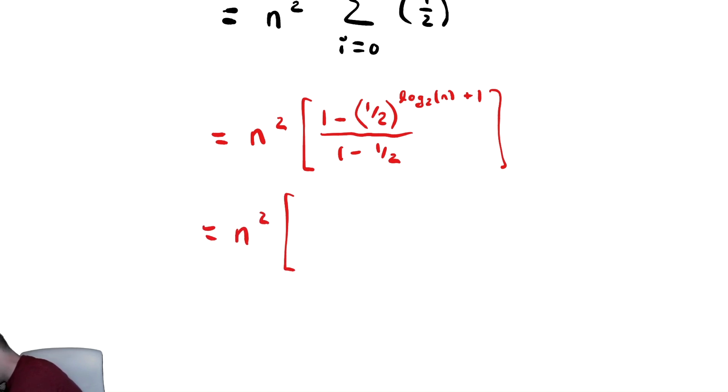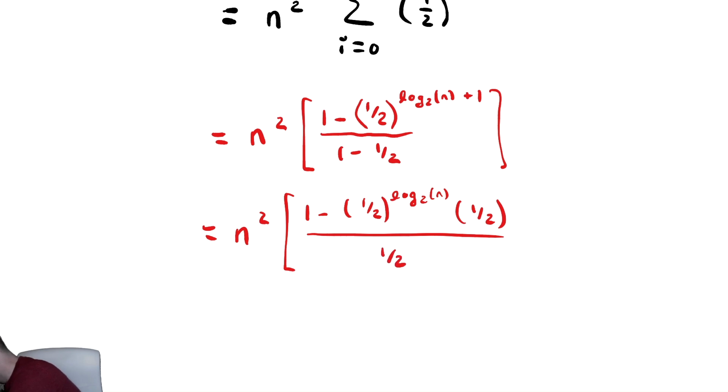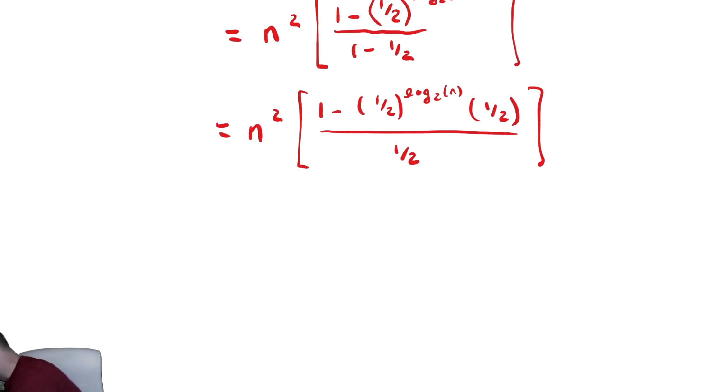We have 1 minus, I'm going to write the numerator as 1/2 to the log base 2 of n times 1/2, divided by 1 minus 1/2, which is 1/2. Dividing by 1/2 is the same as multiplying by 2, so this is 2n squared times quantity.